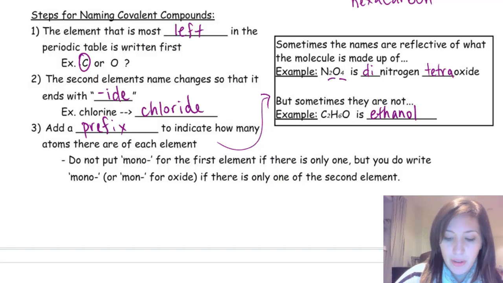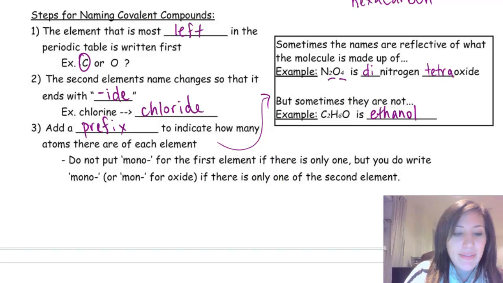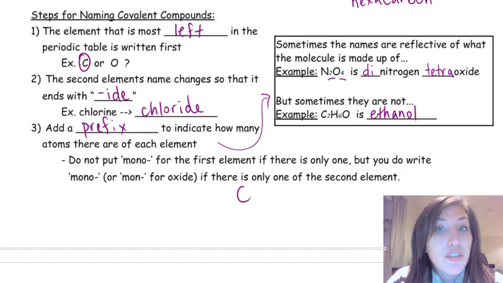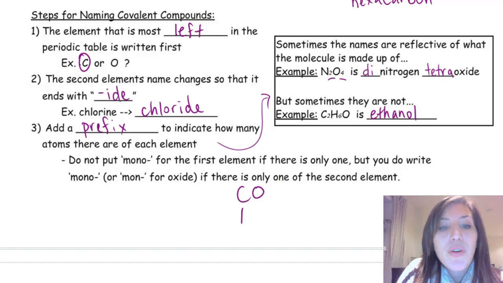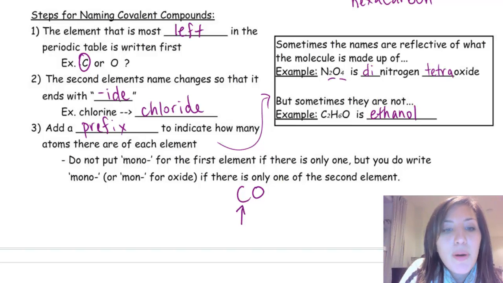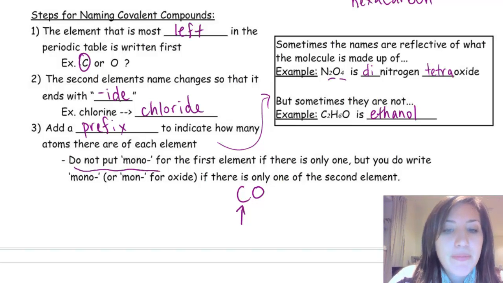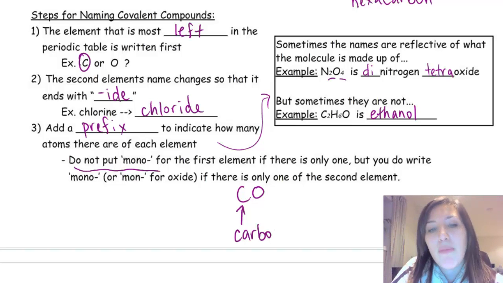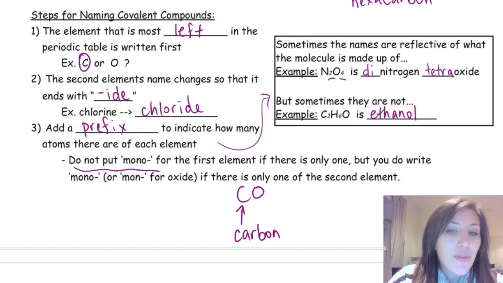So, for example, let's say CO. So here we have the first one. There's just 1 carbon, but we're not going to put mono for the first element. So you just leave it normal, carbon. Any other prefix you would put, but just not mono for the first one. But you will write mono for the second one.